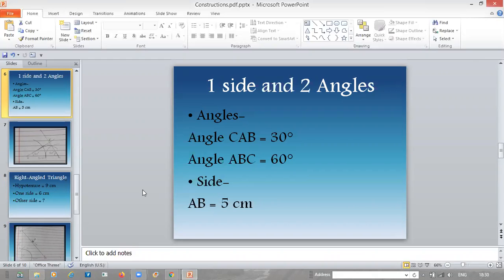I have taken the angles as angle CAB is equal to 30 degrees and angle ABC is equal to 60 degrees. These are the side angles. Now the angles are given here. Now the side I have taken is 5 centimeter. Now let's see how to make this triangle.